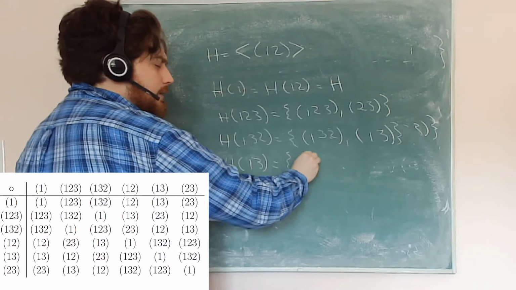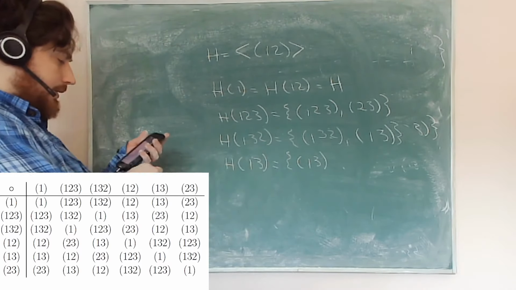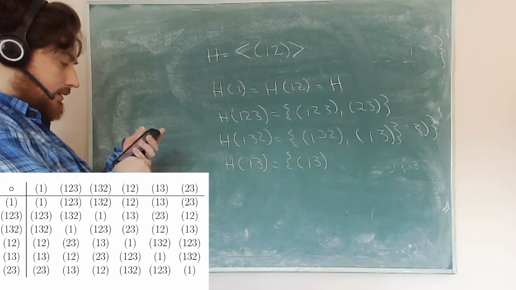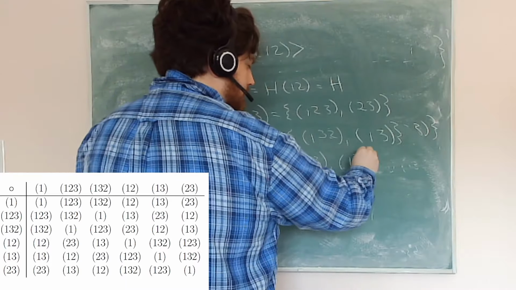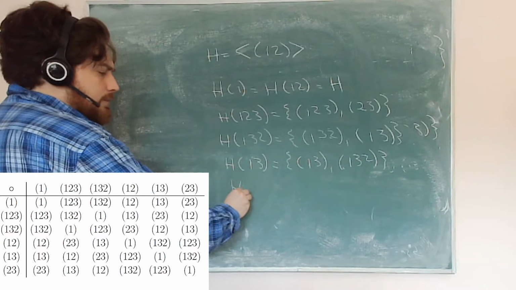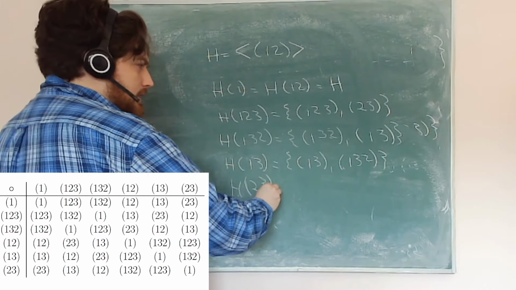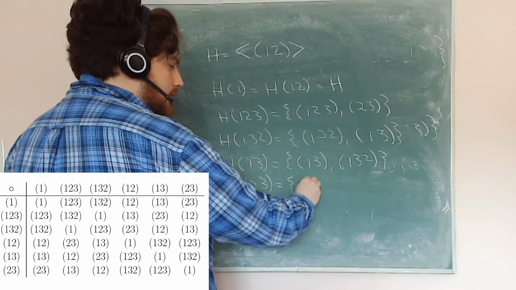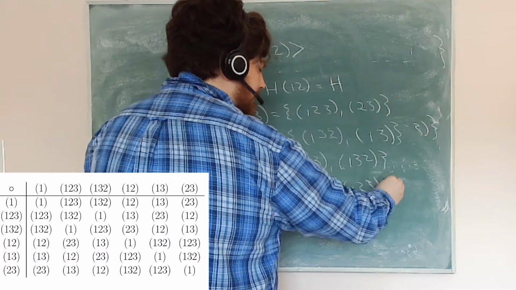So that's going to be (1 3). And (1 2) composed with (1 3) is (1 3 2). And then H composed with (2 3) is going to be (2 3) and (1 2 3).